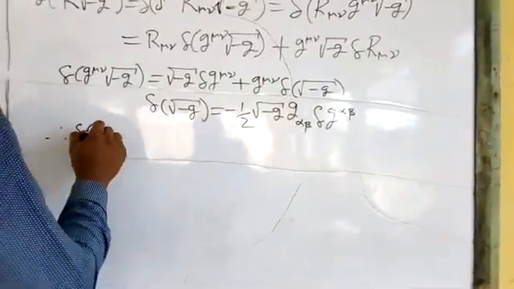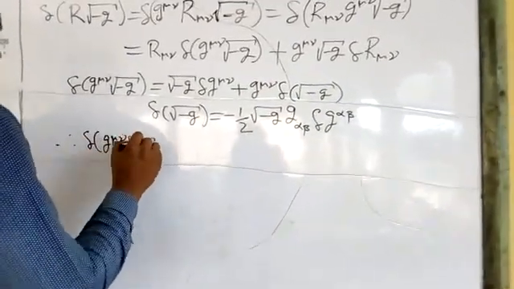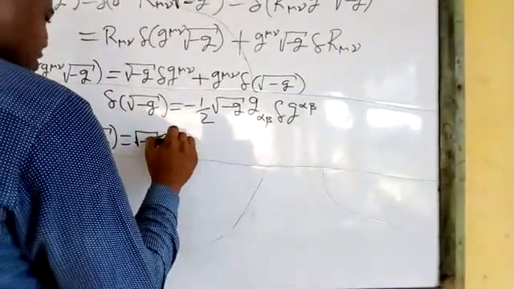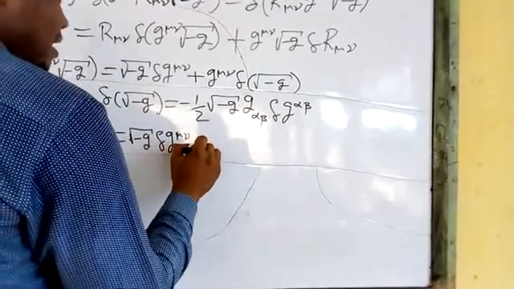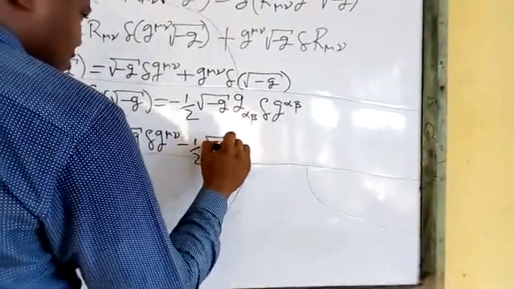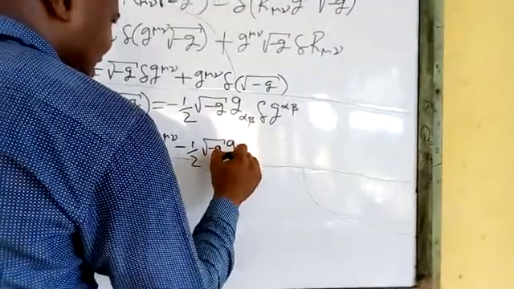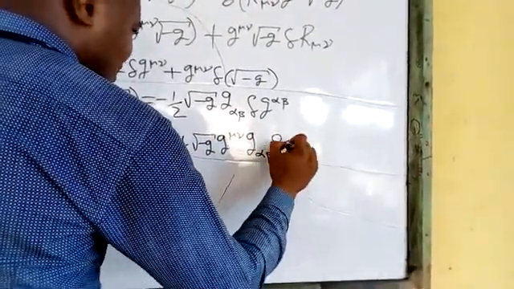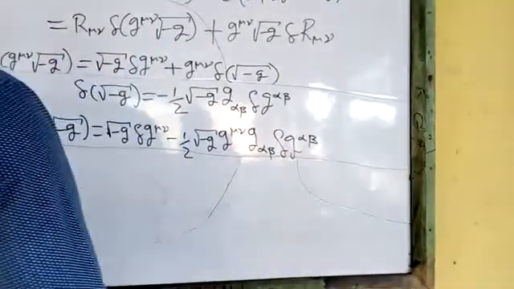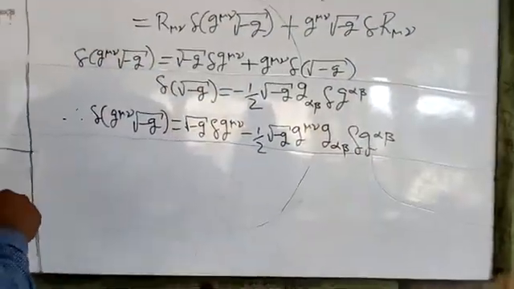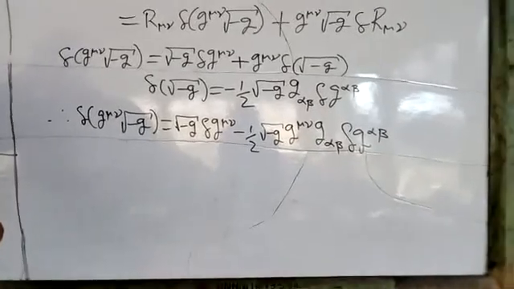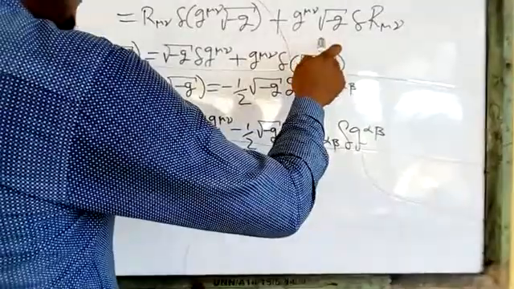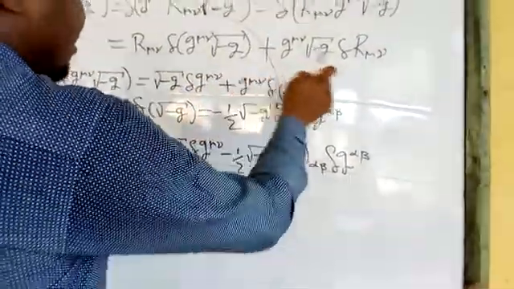Therefore, the variation of g mu nu square root of minus g is equal to square root of minus g, variation of g mu nu, then minus 1 over 2 square root of minus g, and then I have g mu nu, g alpha beta, and variation of g alpha beta. That's what I get. Now the only thing I'm going to do next is to simply look at this one here.